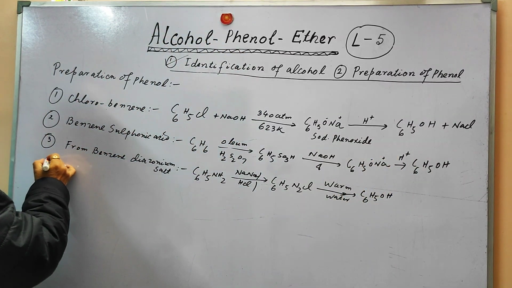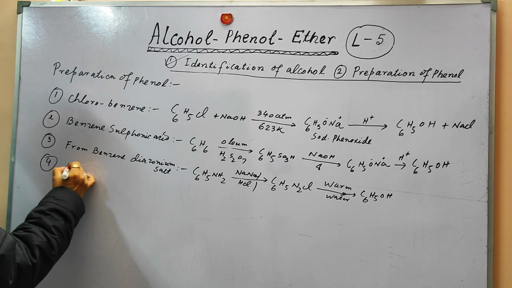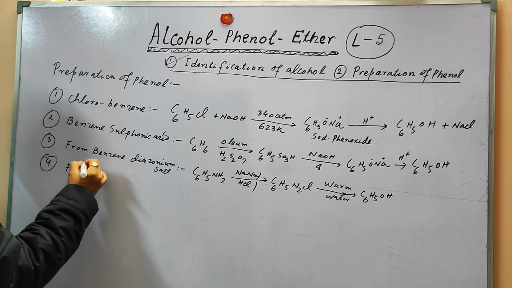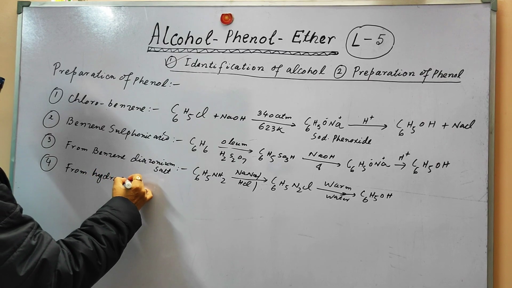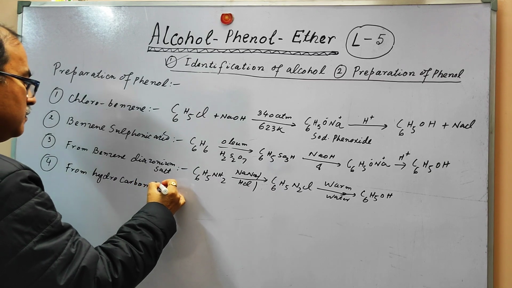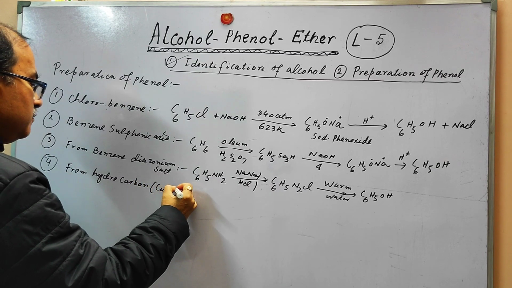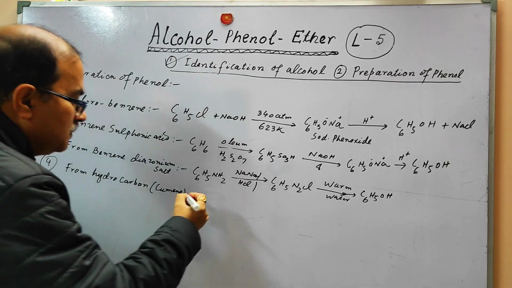Okay. Fourth way that we can have is from hydrocarbons. From hydrocarbon, that is cumene. Cumene is basically isopropyl benzene.